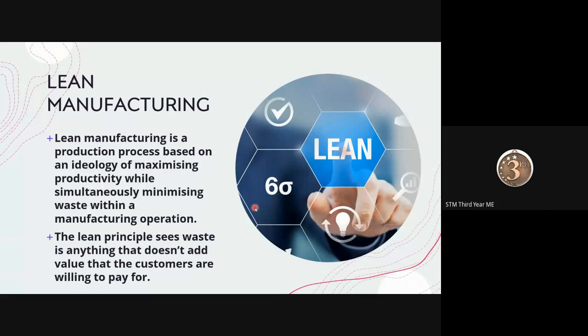Just-in-time manufacturing was based on the principle that at the time of demand, we produce the products that have to be manufactured, and then send the order to the customer. That was the concept of JIT, or just-in-time manufacturing.